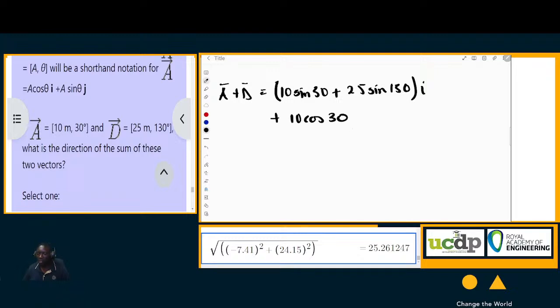That was my question. Which formula did you use to get to 107? Because here we have sine 30, sine 130, cos 30, and 25 cos 130. So my question was, which formula did you then use to express your theta, which is 107, for the resultant?